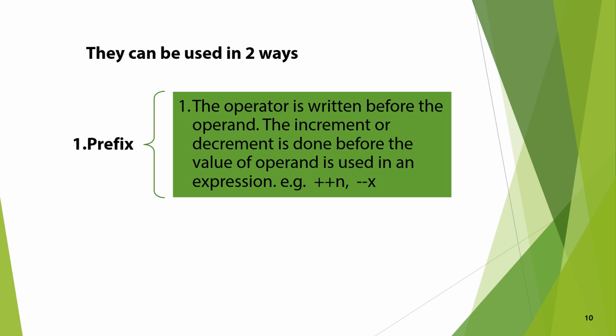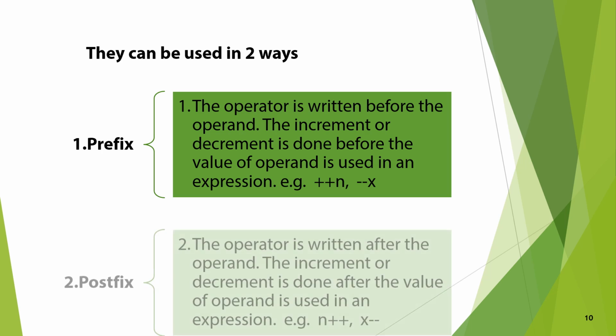So before using that operand in an expression, it will be incremented or decremented. For example, plus plus n, minus minus x. So it will be incremented or decremented first, and then it will be used in an expression.